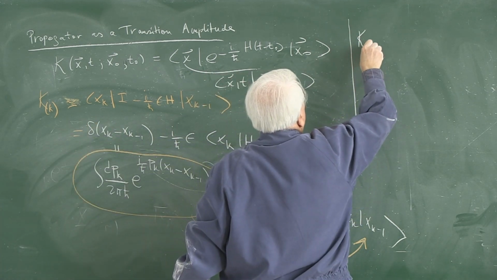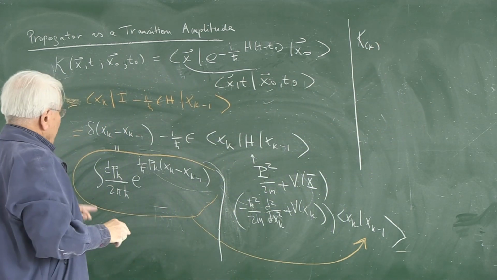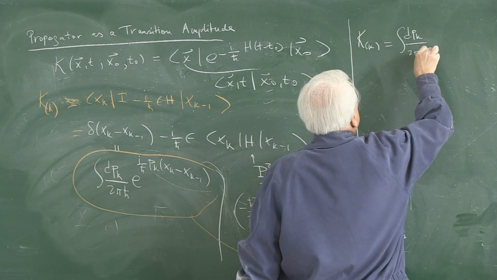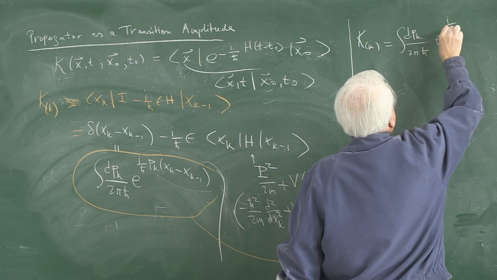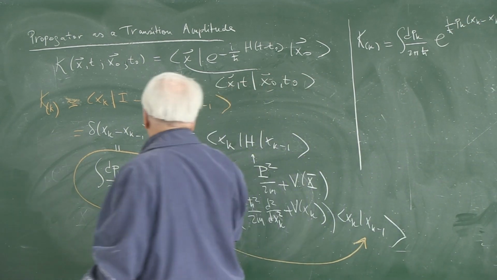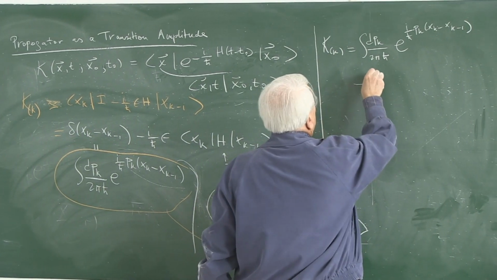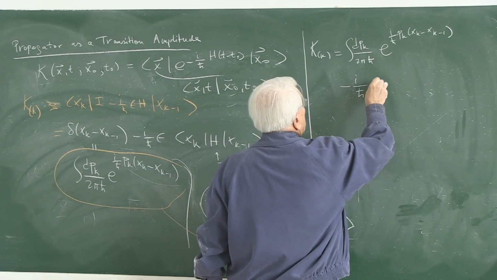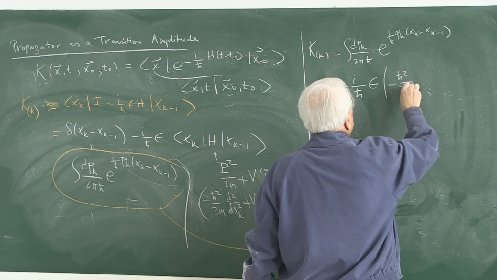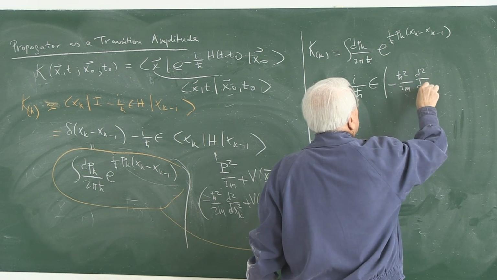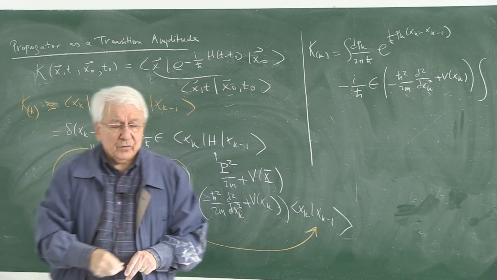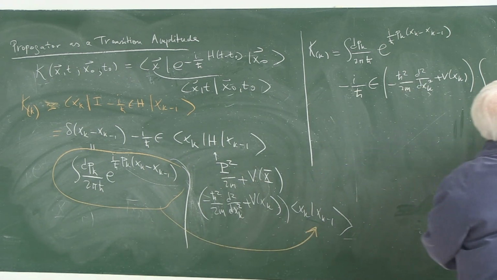This kth interval is the integral dpk divided by 2 pi h bar, e to the i over h bar pk times xk minus xk minus 1, times 1 minus i over h bar epsilon, times minus h bar squared over 2m d squared over dxk squared plus V of xk, times the same factor, because I'm re-representing this as the Dirac delta.